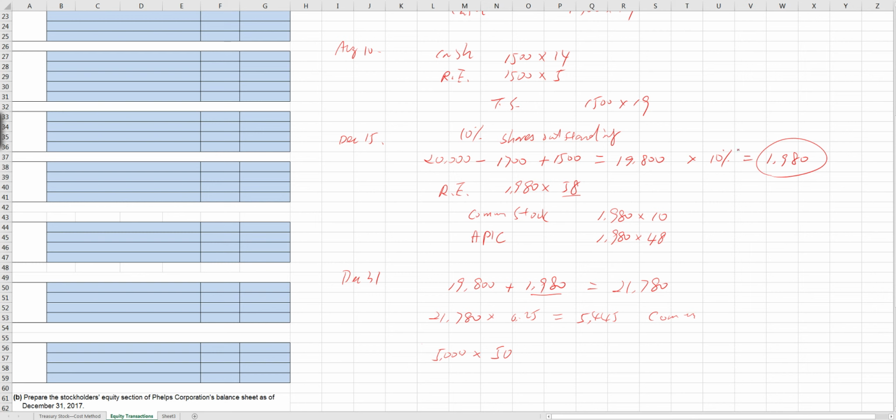Next, retained earnings, another debit. Another one. All these are debit to retained earnings. Okay, and when we close, we're going to close net income to retained earnings and go to income summary.